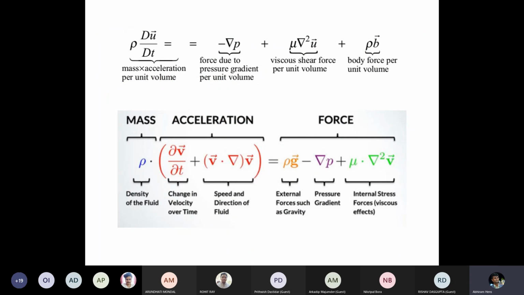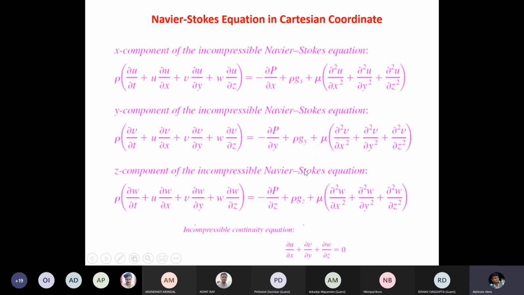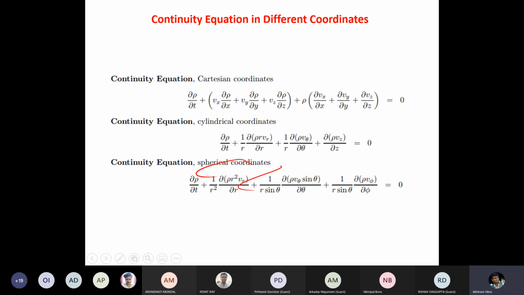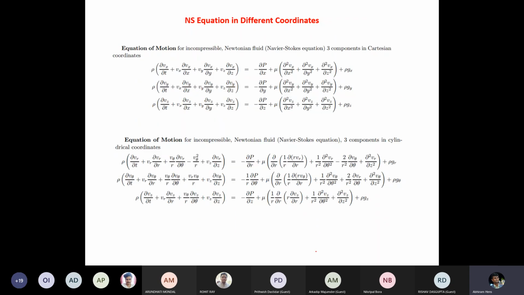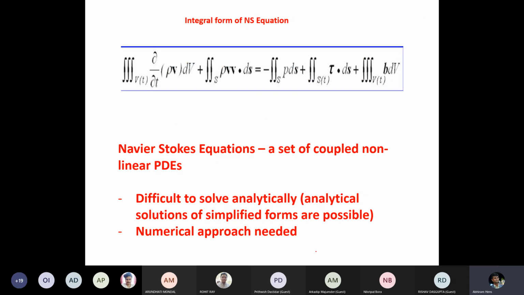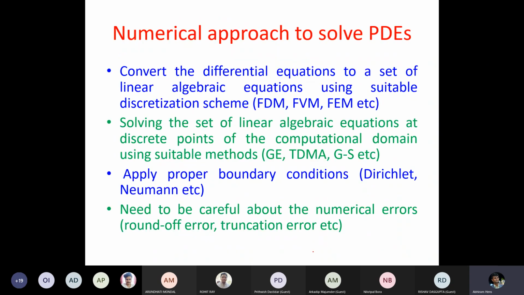Finally, we saw that this is a nonlinear partial differential equation, and it can be formed in different coordinates, which we have checked. Then we started discussing the numerical approach to solve these partial differential equations. The first step we discussed is that we need to discretize it.